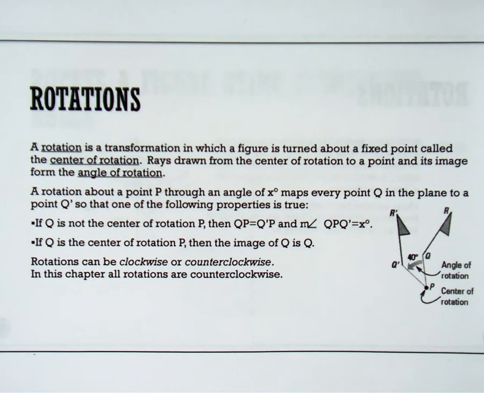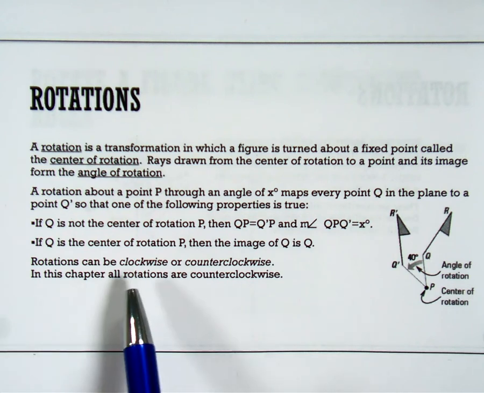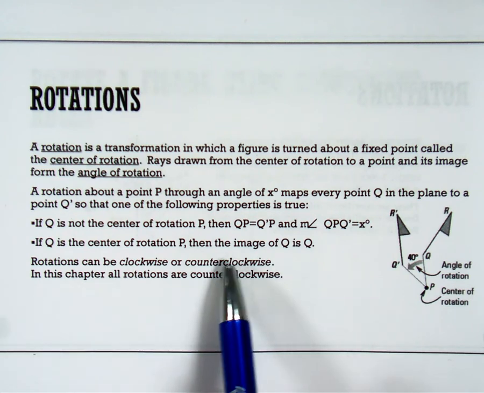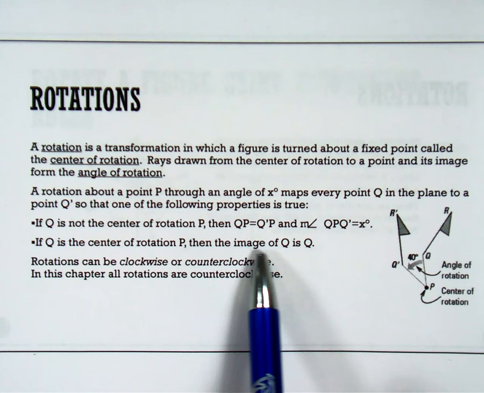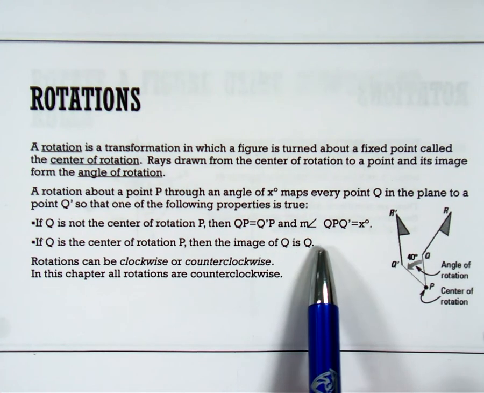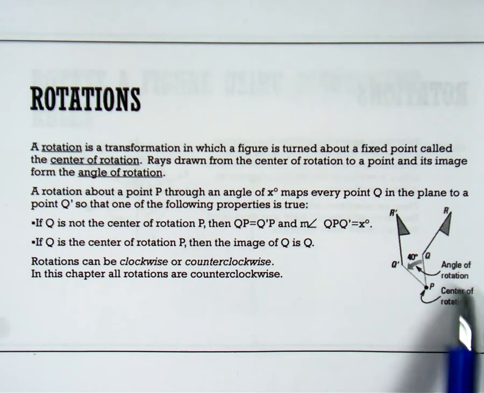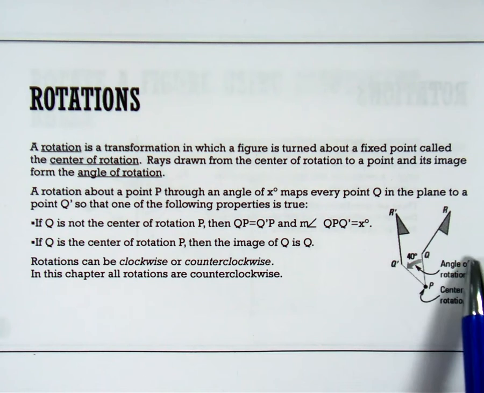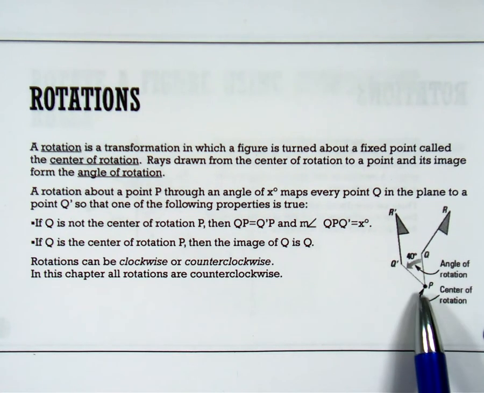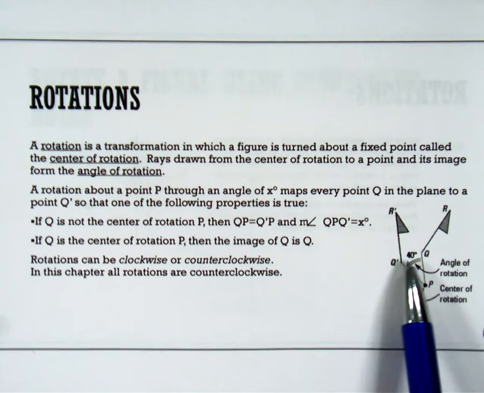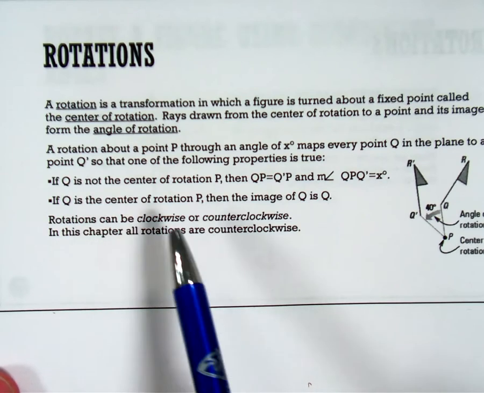A rotation about point P through an angle X will take every point Q in the plane to point Q prime, so that one of the following properties is true. If Q is not the center of rotation P, then QP equals Q prime P, and the measure of angle QPQ prime would equal X degrees, so angle QPQ prime would equal 40 degrees.